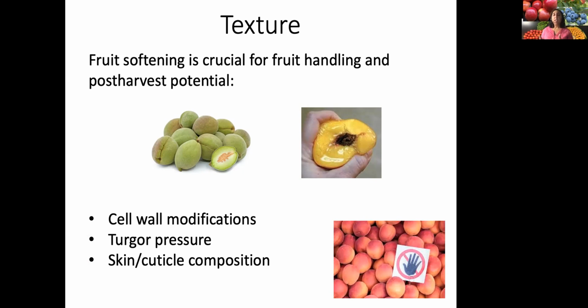The skin can also have certain cracks or structures that can help maintain a firmer texture or not. So these are the three main aspects that physiologically are related with the texture of fruits, and these are all going to change differently in different fruits and as the fruit ripens.